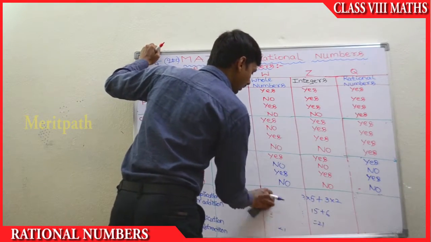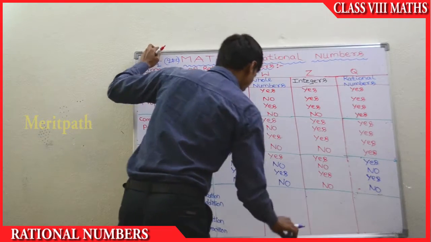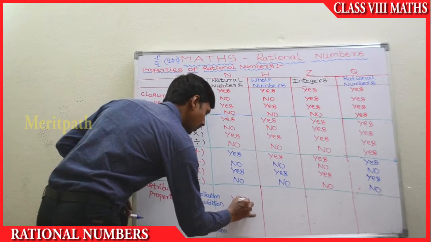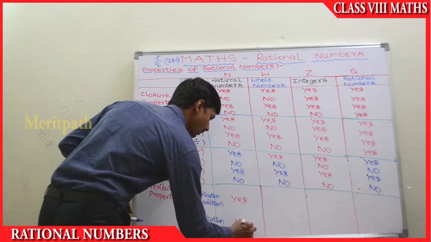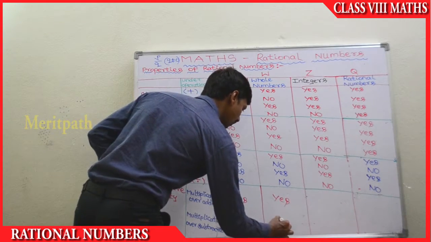We have done this for natural numbers. It's possible, and for subtraction it's also possible. Whole numbers, yes, it's possible, and subtraction is also possible.